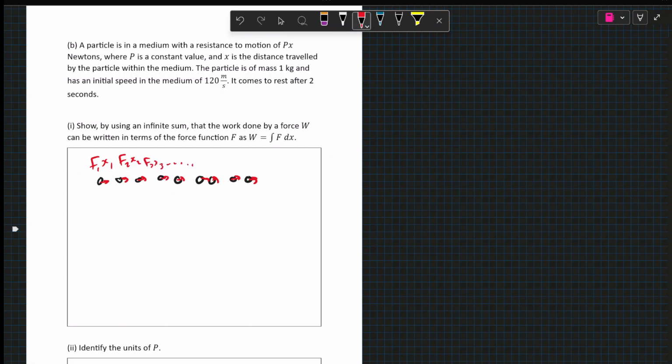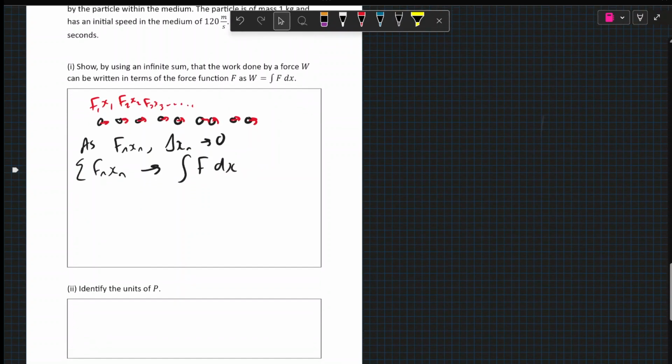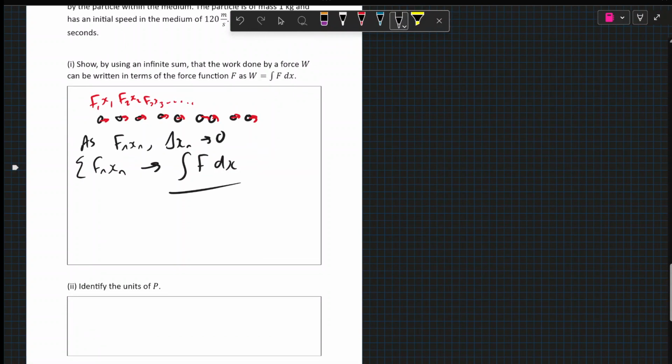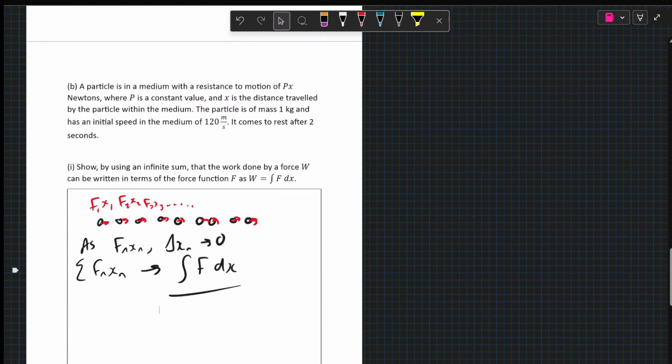So if each force is closer and closer together, so as Fn, Xn, and then delta Xn approaches 0, this quantity here, the sum of Fn, Xn, actually tends towards an integral of F times smaller increments of Xn, which becomes a dx. So it's a very rough bit of it, but anything like that should work fine.